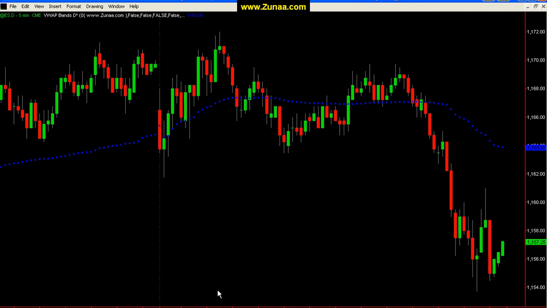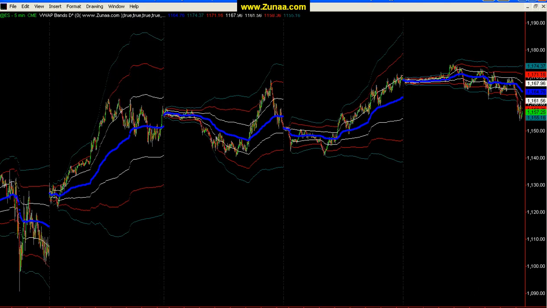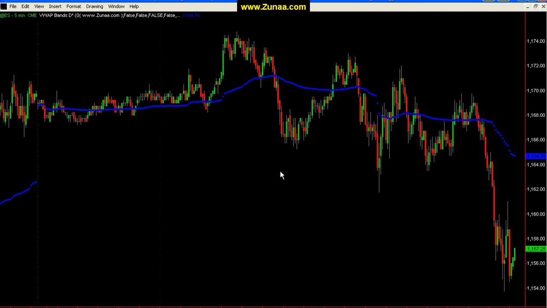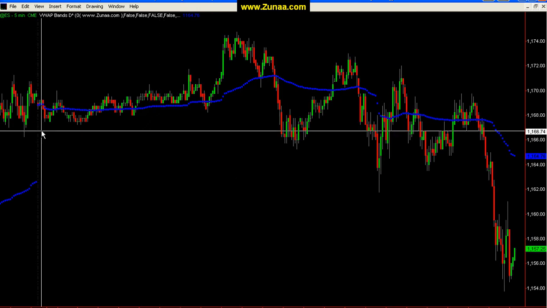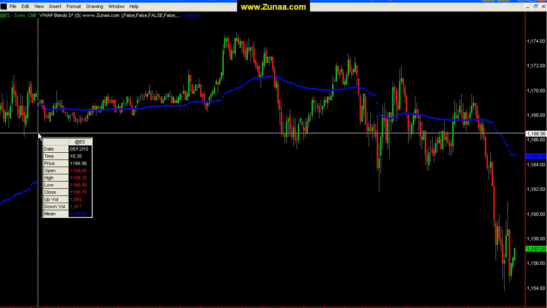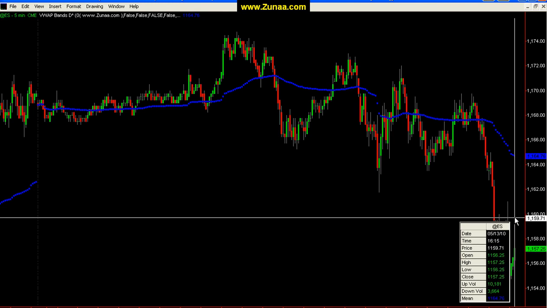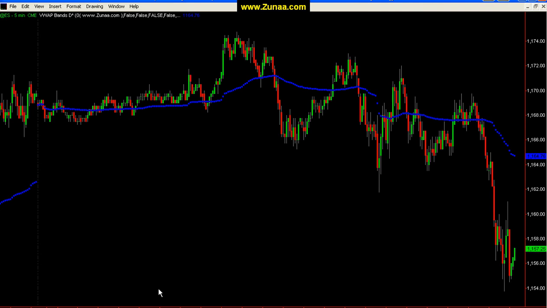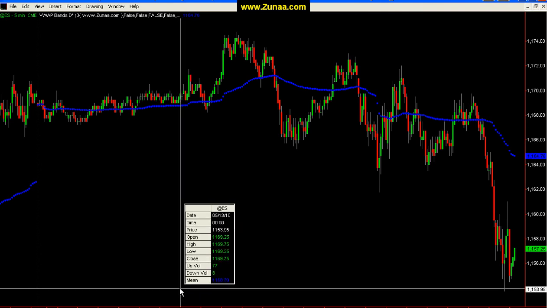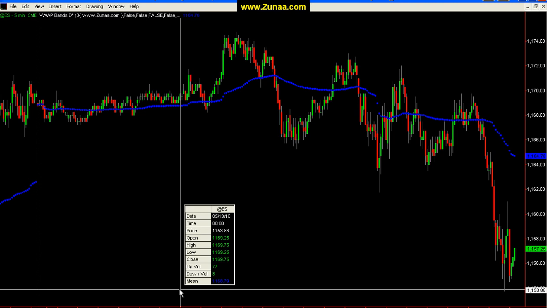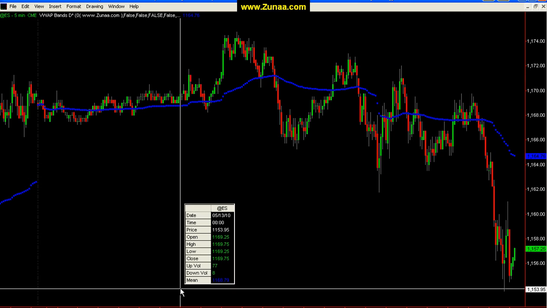Now, if you wanted to plot this same indicator on, let's say, a regular session chart like this one, whose opening bar opens at 16:30 Eastern Standard Time and closes at 16:15 Eastern Standard Time, there is a date change right here at 12 o'clock midnight.